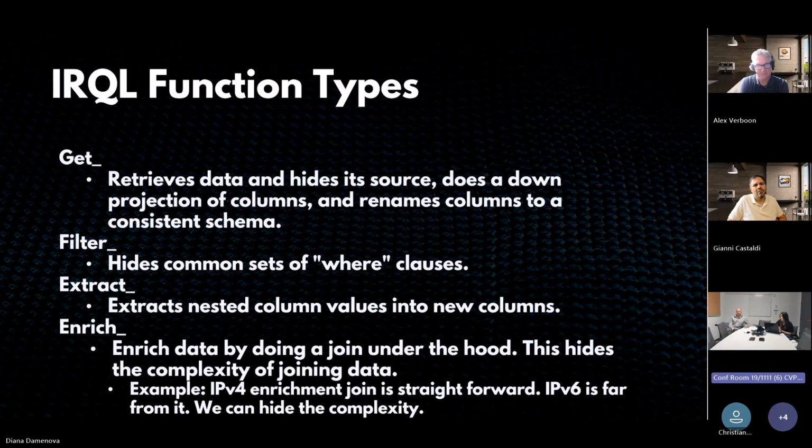It down projects the amount of columns that you have, because you might have a table with 600 columns, but you actually need like 20 of those 99% of the time. So why have this huge table that you need to down project anytime? You're gonna down project anyhow. It renames the columns to something that actually makes sense. Again, I've mentioned the VAP. Give it an actual name.